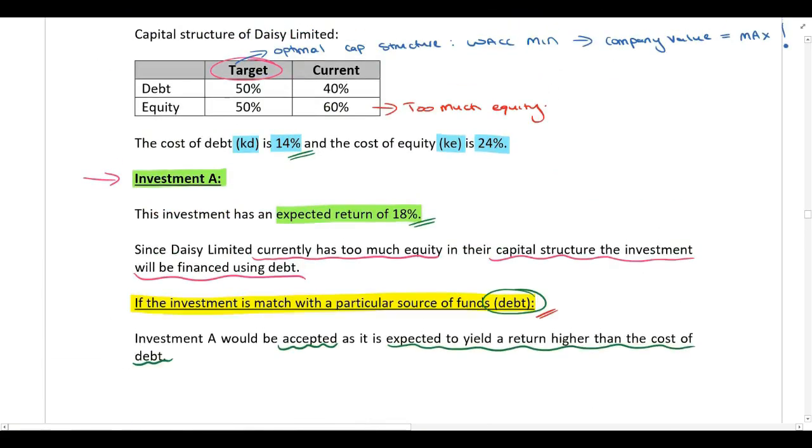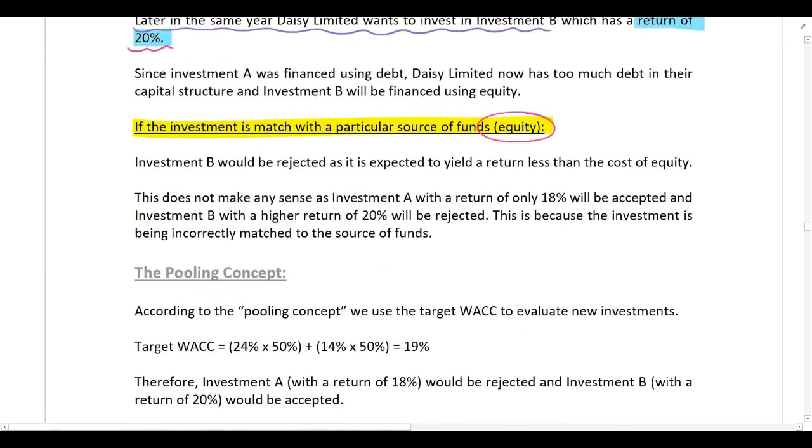What is my cost of equity? The cost of equity is 24%. Now what am I going to do? The investment return is lower than the cost of equity, so I'm going to reject this investment. So investment B would be rejected because its expected return is less than the cost of equity.